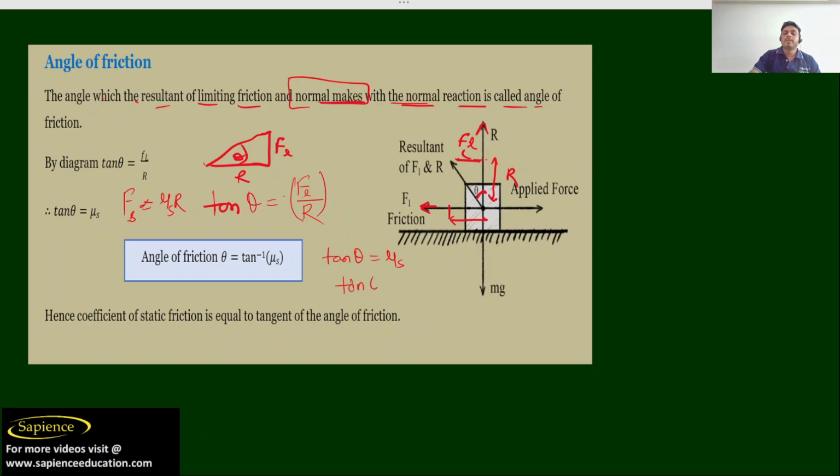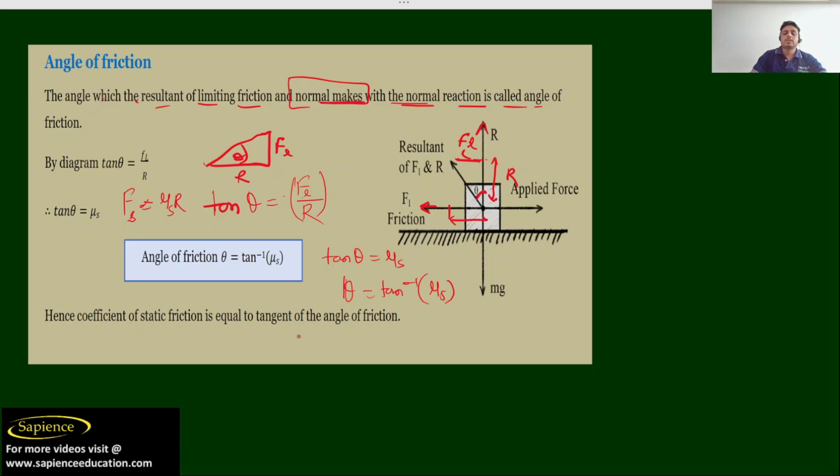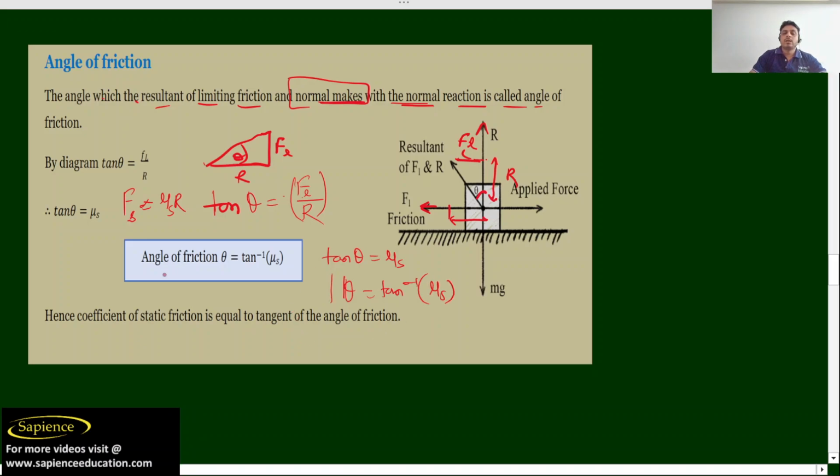So tan theta is equal to mu s, so theta is equal to tan inverse mu s. So this is called the angle of friction. I hope you all have understood this.